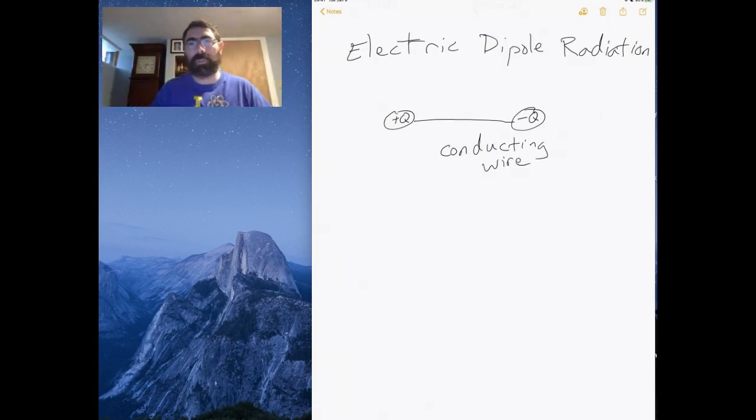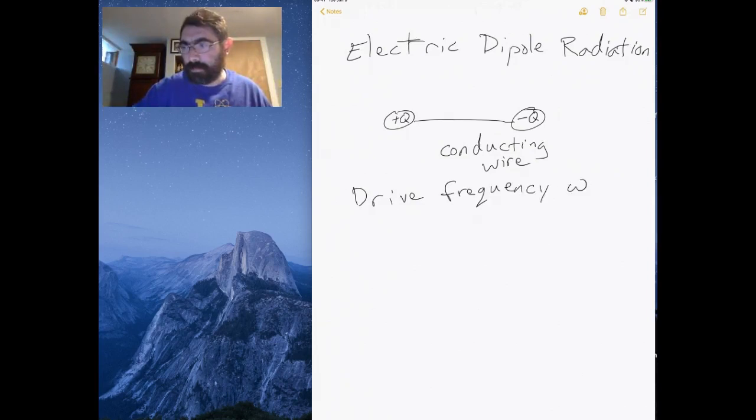And what I'm going to do is drive these charges back and forth at a frequency omega. So essentially I'm going to take the positive charges and move them this way, and then take the negative charges and move them this way.